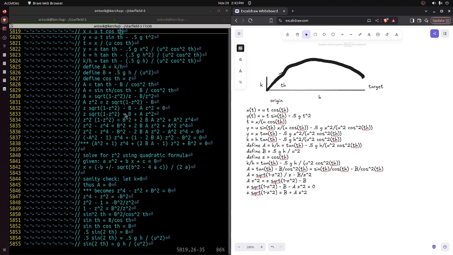Okay, what does that mean? That means that we can square both sides, right? So we can have z squared times 1 minus z squared is going to be equal to b squared plus 2ab, or ba, times z squared plus a squared times z to the fourth.